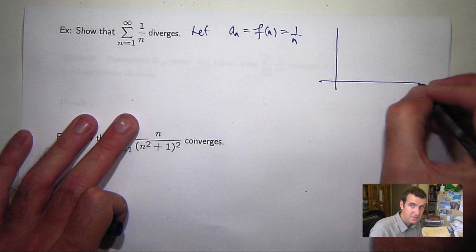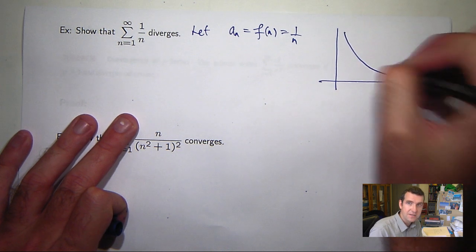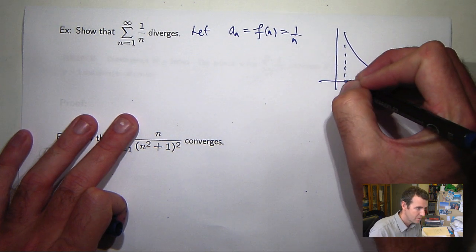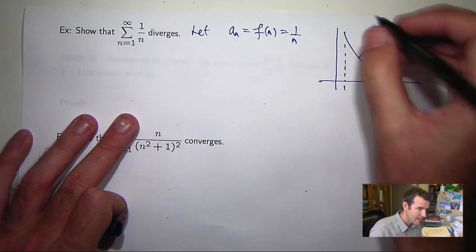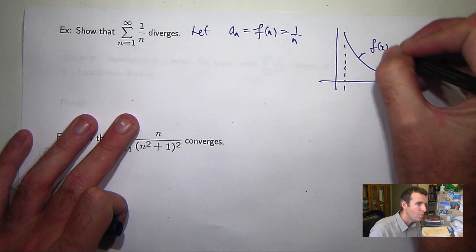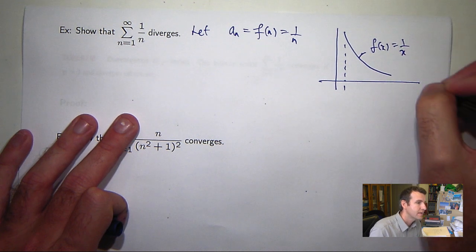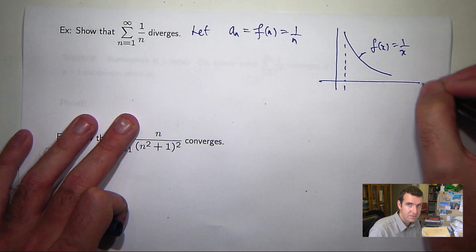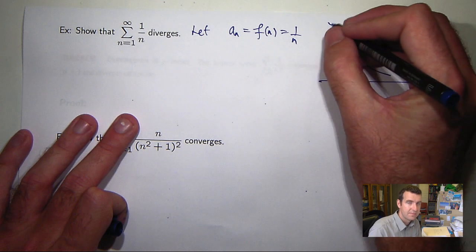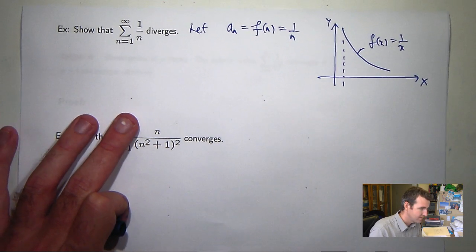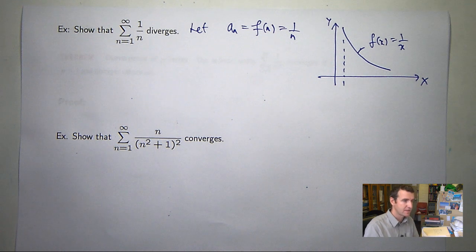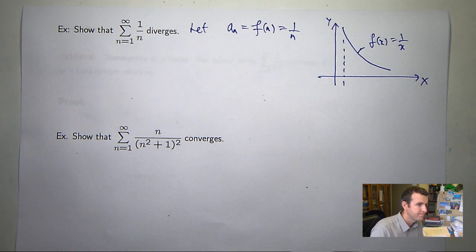Well, firstly, I need to make sure that the conditions of the integral test hold. So let's actually have a look at my function. What I'm doing is extending the domain of f to some interval, say 1 to infinity. So f of x is just 1 on x, where x is greater than or equal to 1. So in the integral test, the big M will be, in this case, 1.